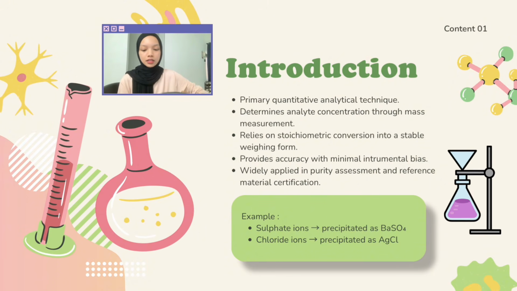After filtration, drying and baking, the original sulfate content can be accurately calculated. Similarly, chloride ions are commonly determined by precipitating them as silver chloride. Because of its high precision, gravimetric analysis is widely used for purity determination, quality control, and the preparation of certified reference material.